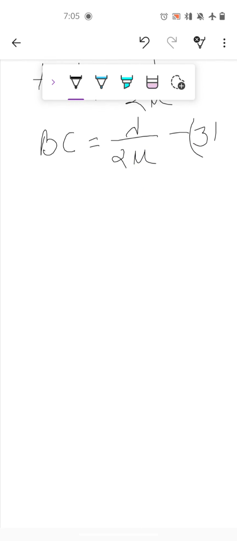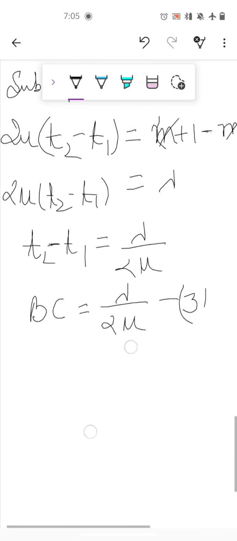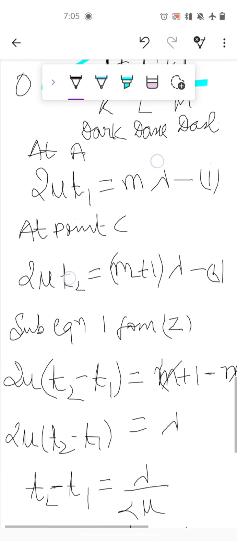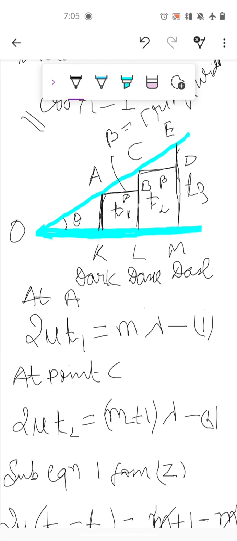Now we have to calculate the value of this BC. How will we do that? We go to the figure and look at the triangle ABC. This angle is theta, so this angle will be theta, this angle will also be theta, and so on.